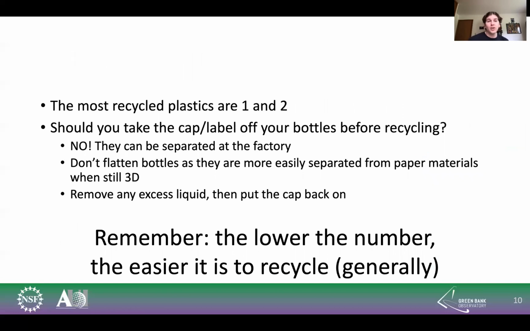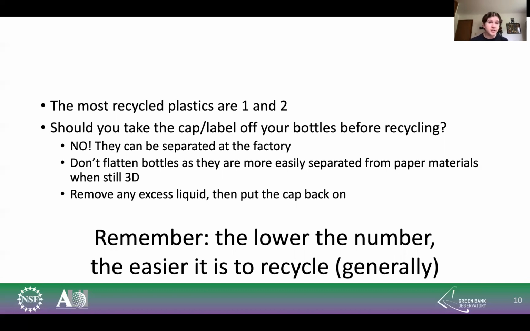Now, in general, the most easily and commonly recycled plastics are the 1 and 2. And honestly, a good way of remembering your plastic recycling is that the lower the number, the easier it is to recycle, most generally. Some things that you should keep in mind when recycling your plastics, particularly 1 and 2 bottles, include the caps and the labels.